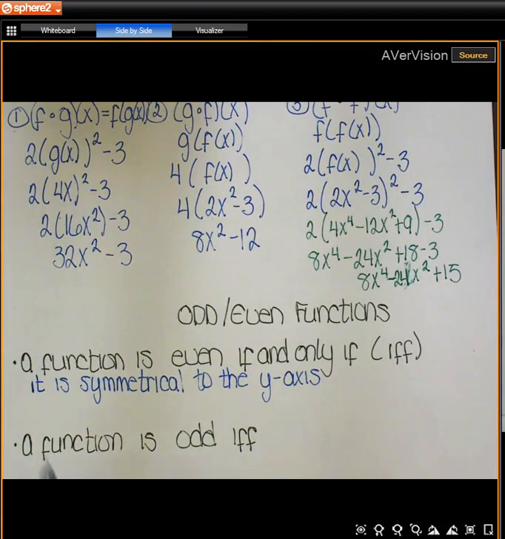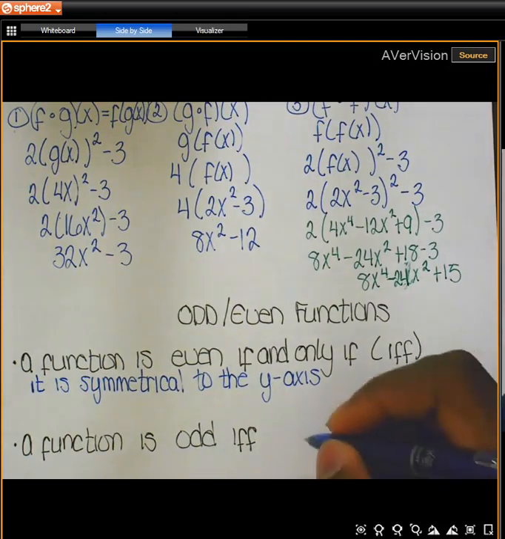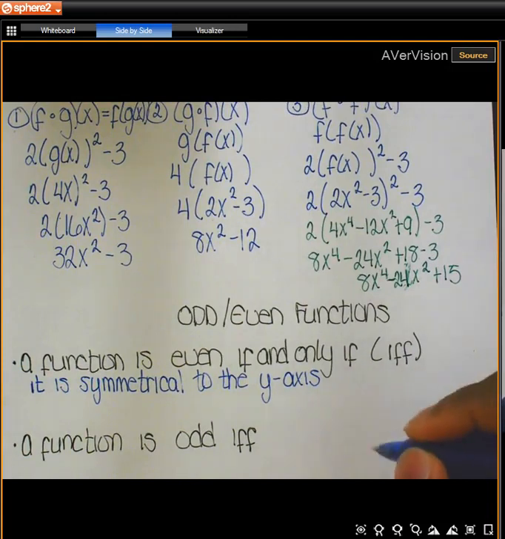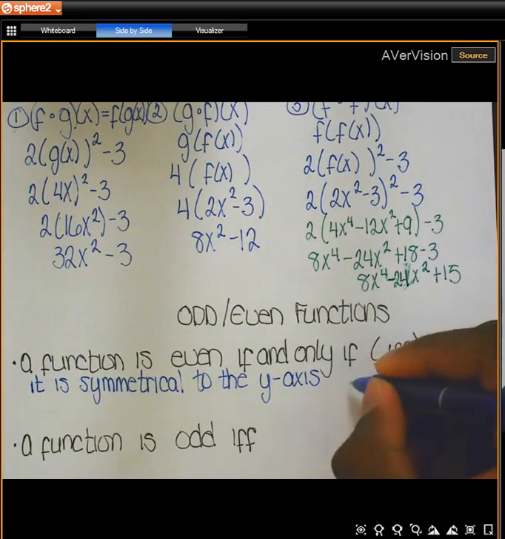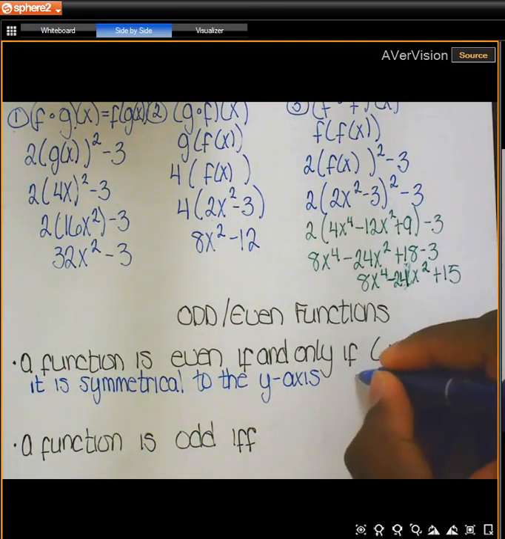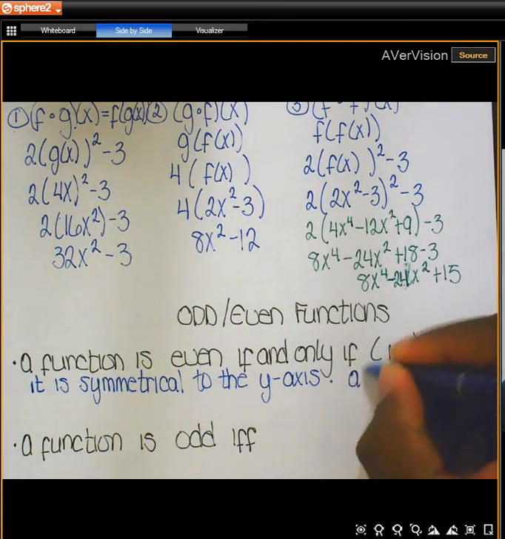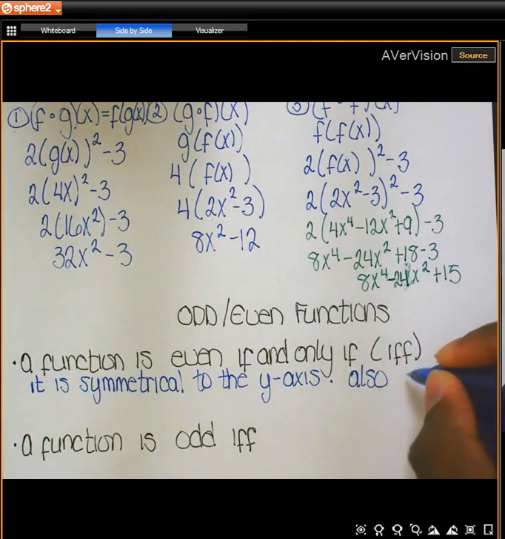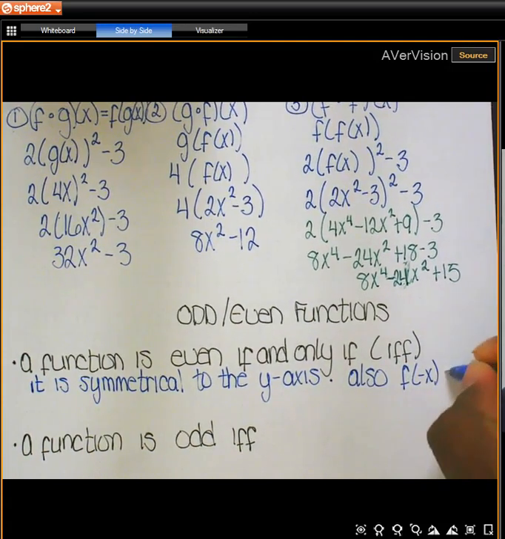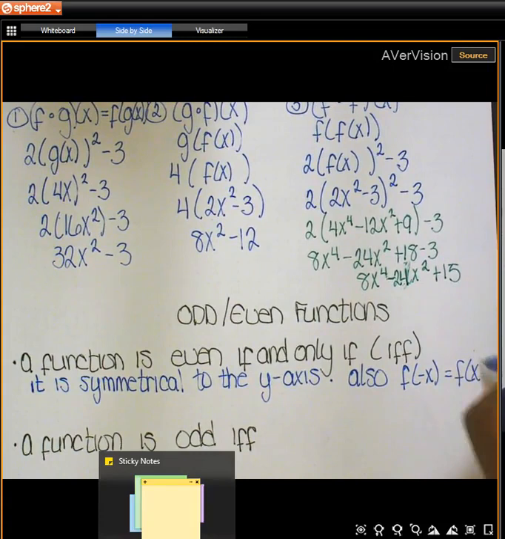So a function is even if we can split it in half with respect to the y-axis. Algebraically, a function is even if f of negative x is equal to f of x.